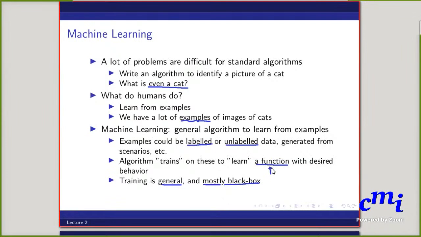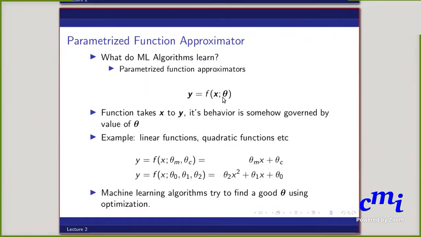Now, this function is usually given in a parameterized form, right? So generally, if you want to learn a function, it's a problem where you have to fix a space of functions that you're going to look at, right? So you have to look at some class of functions, and you have to select one of them, right?